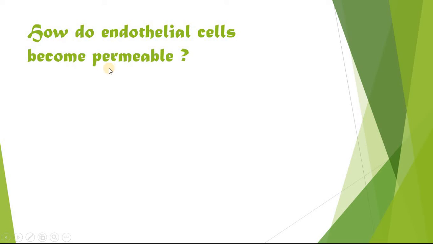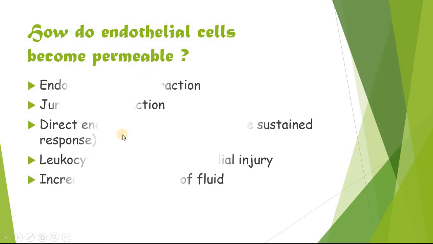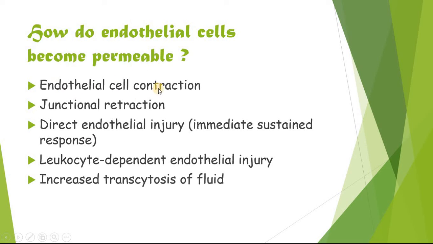So, how does the endothelial cell become permeable? The cell contracts or junctional retraction occurs. There may be direct endothelial injury due to an immediate or sustained response. When leukocytes accumulate on their wall, they become injured, and transcytosis may occur.